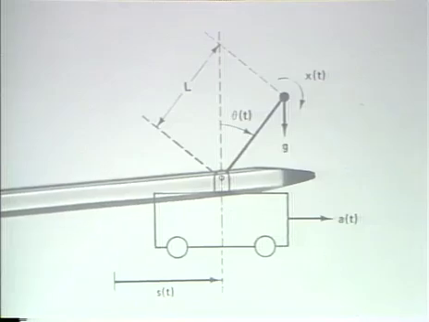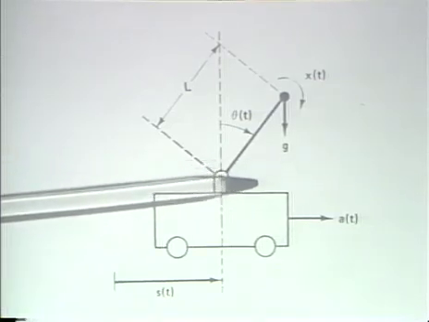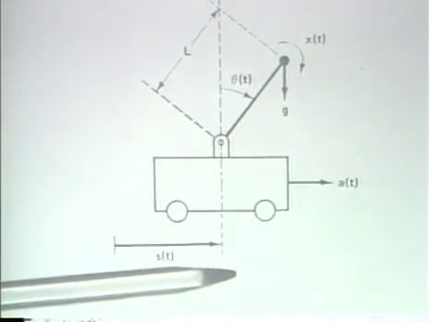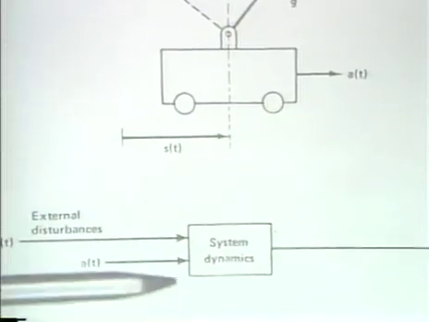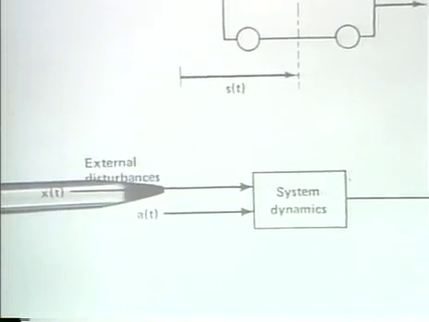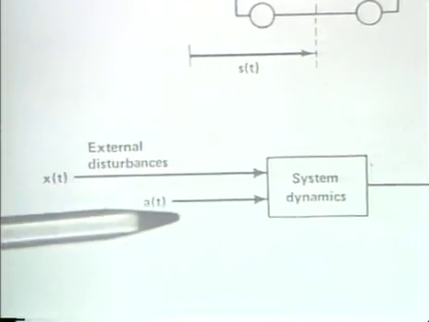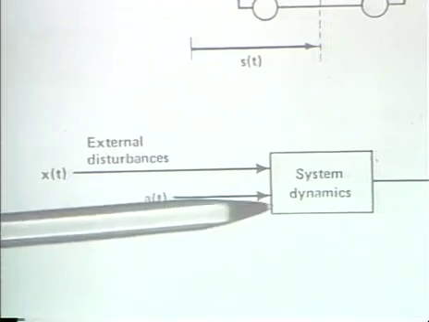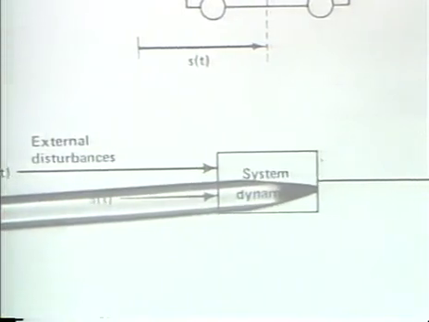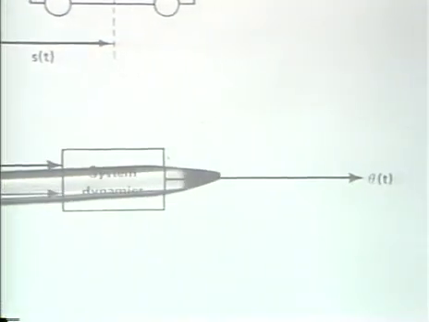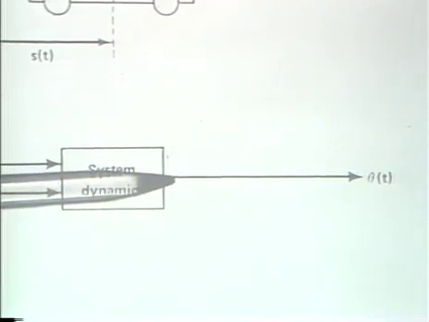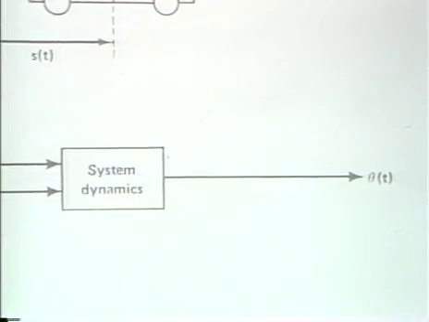Now, if we look at this system in a straightforward way, what we have are the system dynamics and several inputs, one of which is the external disturbances, and a second is the external acceleration that's applied. And the output of the system can be thought of as the angular displacement of the pendulum, which, if we want it balanced, we would like to be equal to 0.